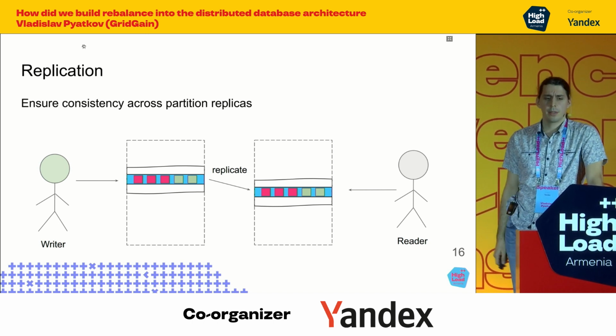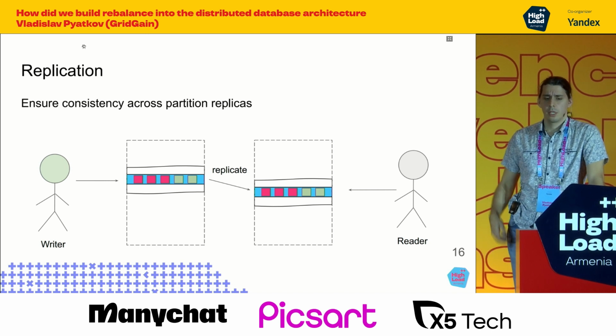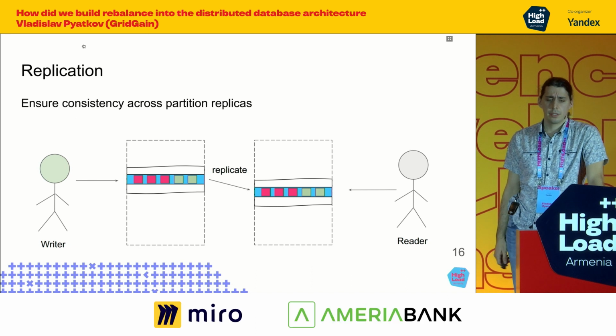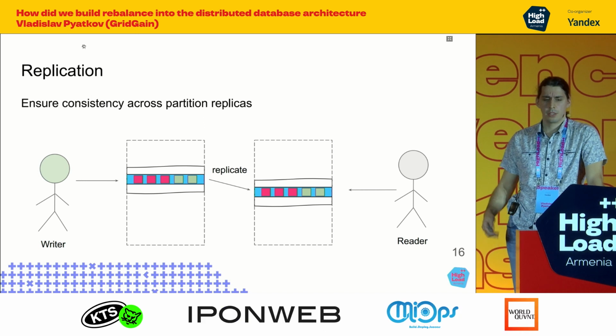In the picture, on the left side we have a writer. The person writes some data, and another person, after several minutes, reads the data. The data which was written should be read by the other person.